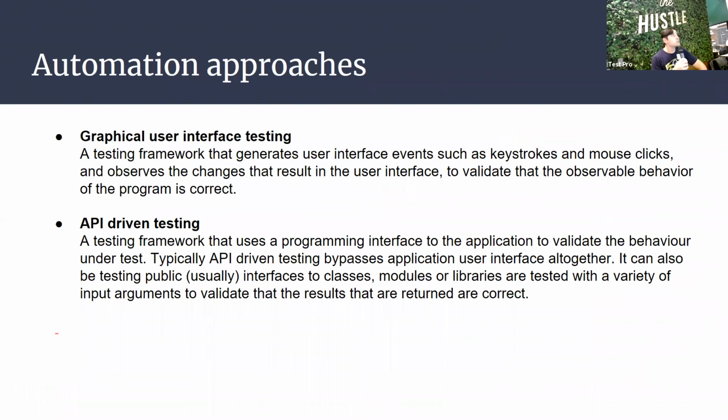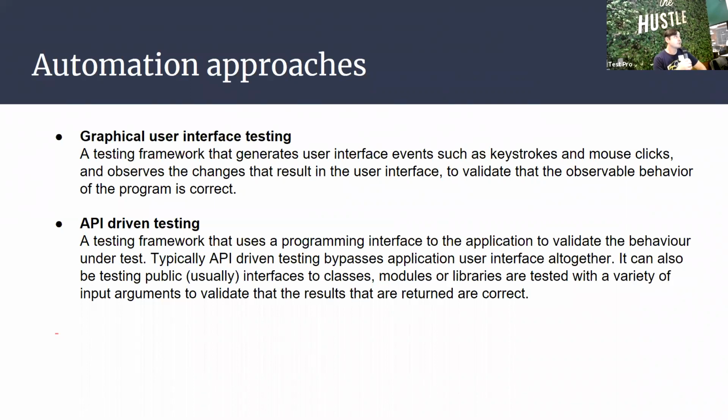So there are two major automation approaches. One is testing through the graphical user interface. For example, Selenium would be the most common and popular tool, or Appium, which is a mobile implementation of Selenium.